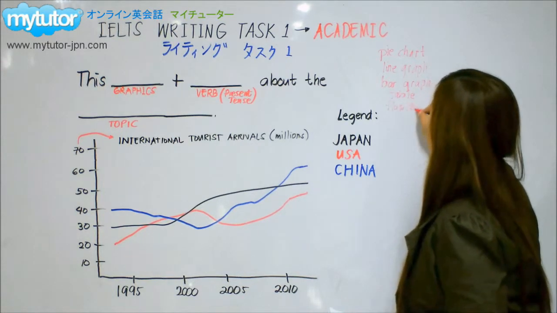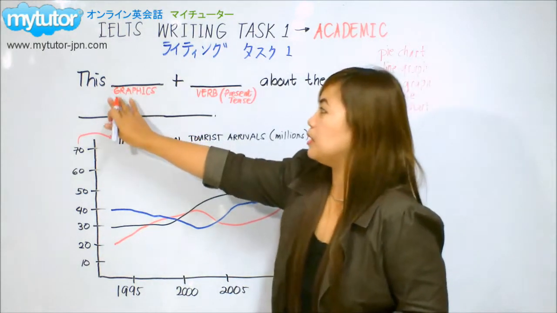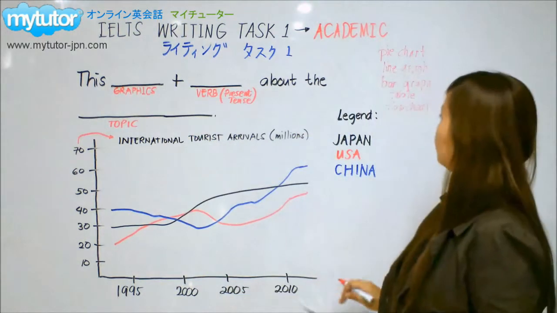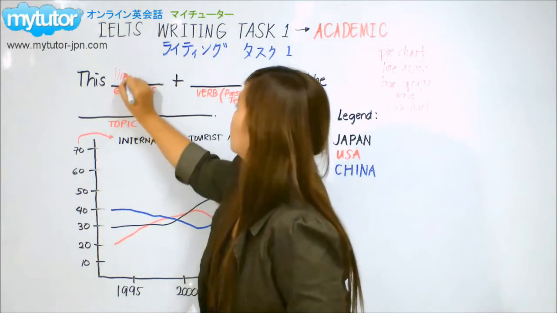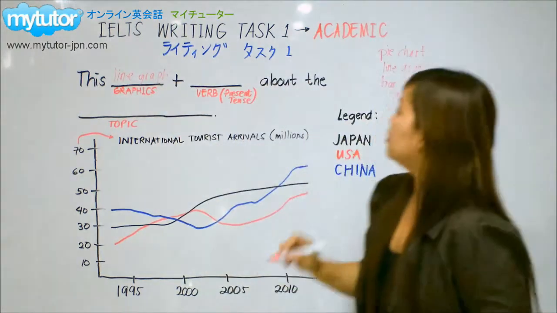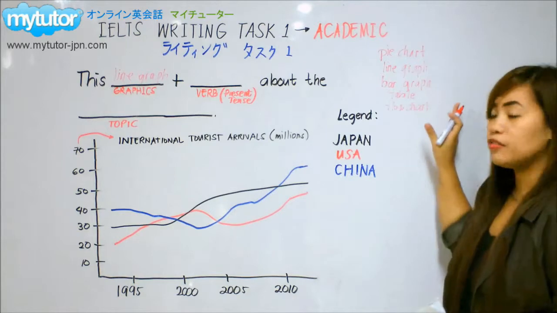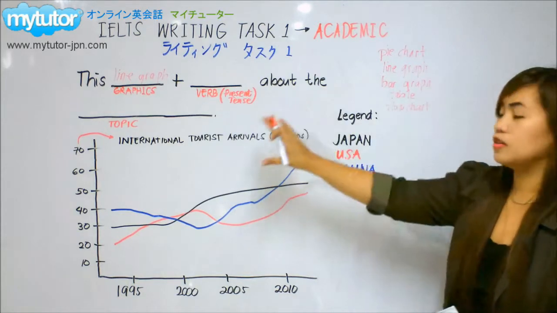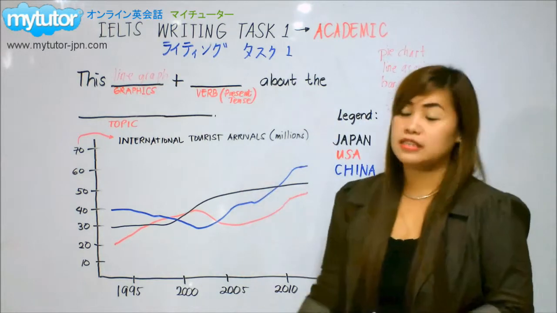So this is what you're going to fill in here. In this case, this is a line graph, so we are going to say this line graph. Or you can say this pie chart, this bar graph, this table, or this flow chart. So it depends on which one you get.